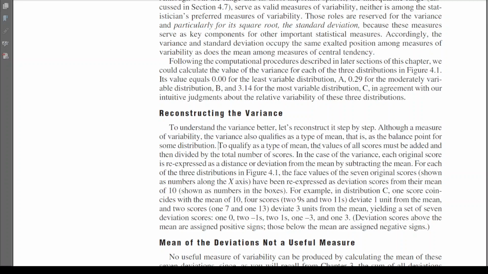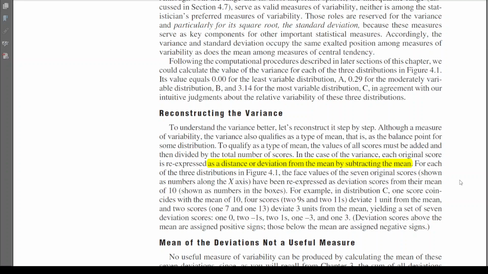To qualify as a type of mean, the values of all scores must be added and then divided by the total number of scores. In the case of the variance, each original score is re-expressed as a distance or deviation from the mean by subtracting the mean. So, for each data point, we can measure its variability by subtracting the mean from that data point.